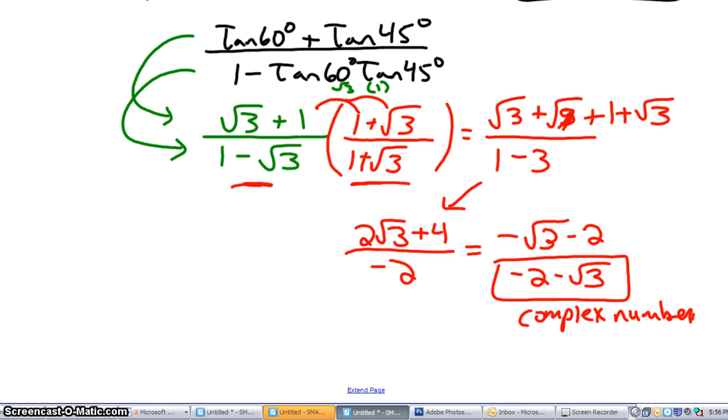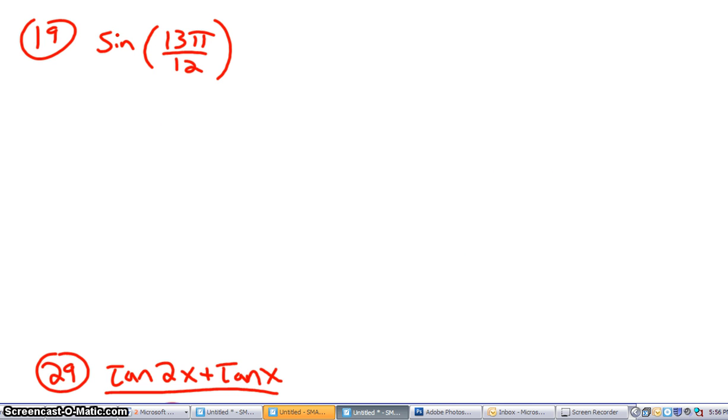Okay, I think I have a few minutes left, so I'm going to try to just introduce these two to you. We are looking at 19 as sine of 13 pi over 12. So I'm going to want to figure out how I can rewrite 13 pi over 12 as a combination of a sum or a difference.